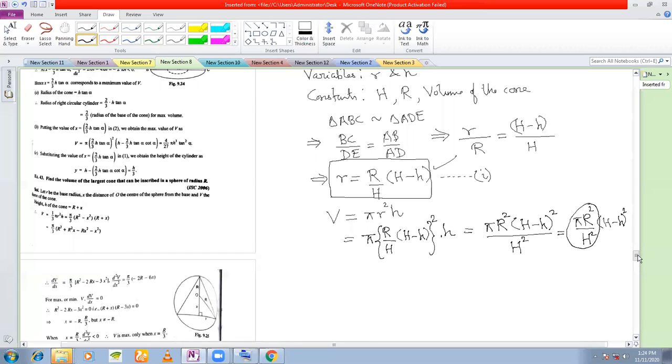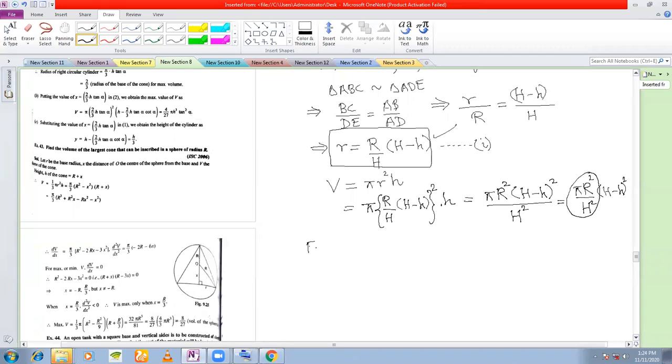So now for local maxima or minima, first we find the first derivative, dV/dh. Into h was also there, right? Let us write the h here. Let us simplify this so that it is easier for us to differentiate.